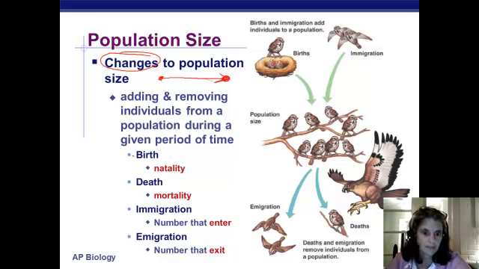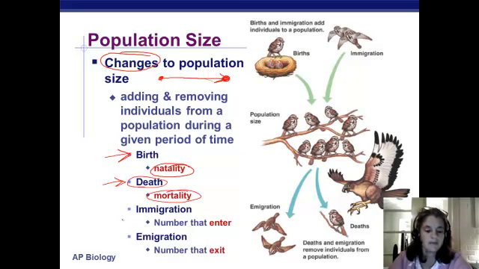So what determines population change over time? How many critters are born into your population, referred to as natality. Think prenatal unit in the hospital for babies or expectant mothers. The death rate, how many die over the year, that's mortality, mort, death.